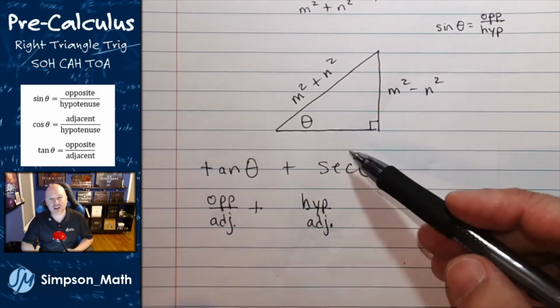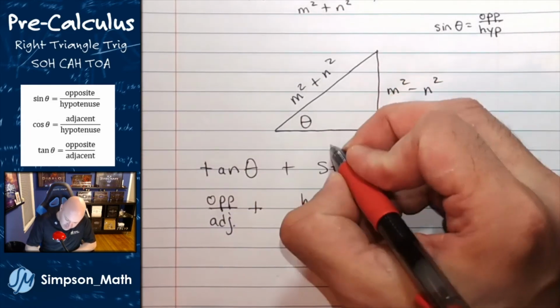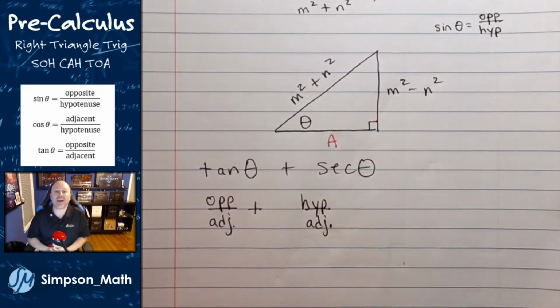How do we do that? With our best friend, Pythagoras. I'll call this A for adjacent.